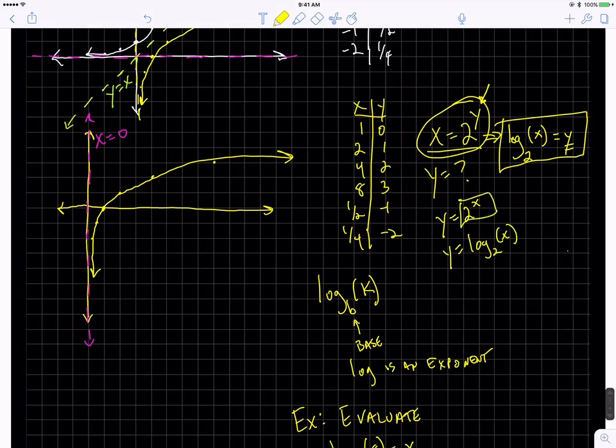So this function and this function are inverses of each other. It's called the logarithmic function. Sometimes the exponential function, by the way, has been called the anti-log function because it's like the inverse or the opposite of a log. That's your introduction to logarithmic functions.